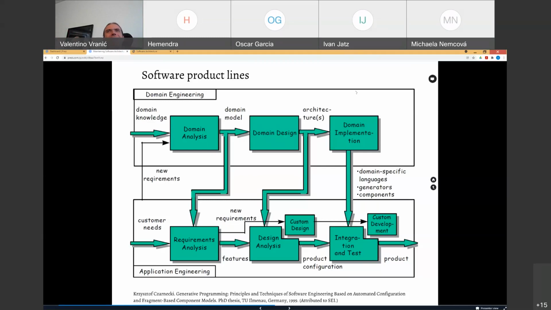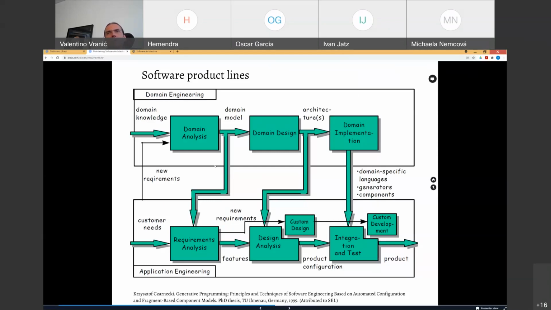And this is a carefully thought out and organized way of incorporating maintenance into your architecture. Your architecture will be organized in such a way, with all these things that you develop in the domain engineering process up here, so that you can adjust this more easily and in a more organized way when things need to be changed.